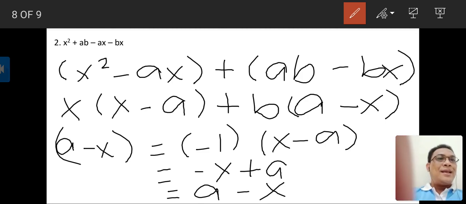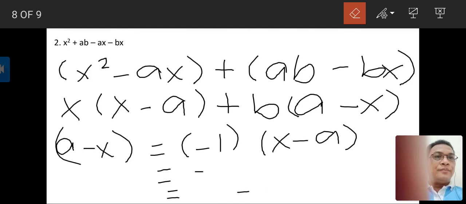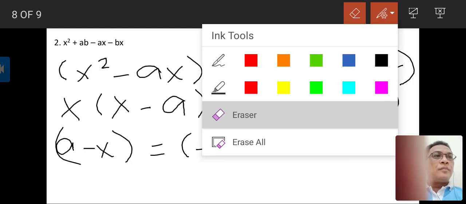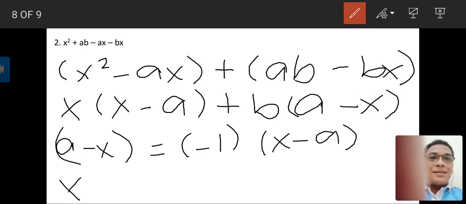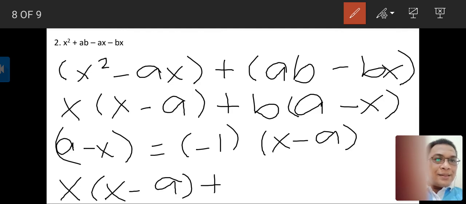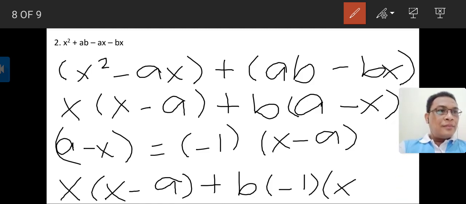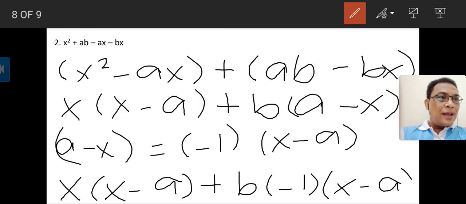So we can substitute a minus x as negative 1 multiplied by x minus a. Okay, so let me have this. We have here x minus a plus b, then substitute, that will be negative 1 multiplied by x minus a.